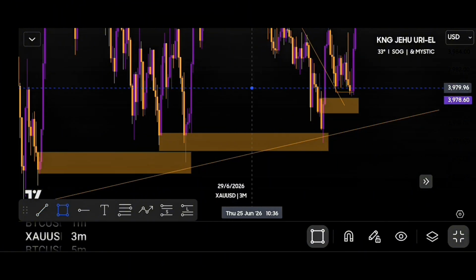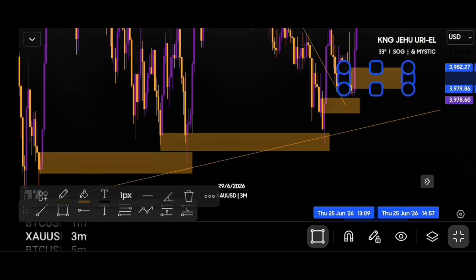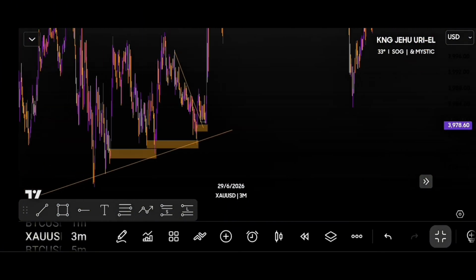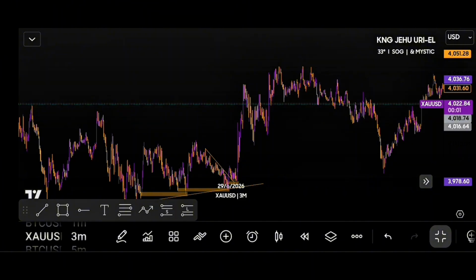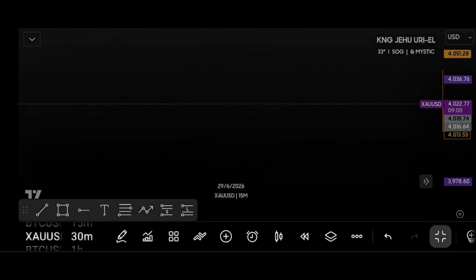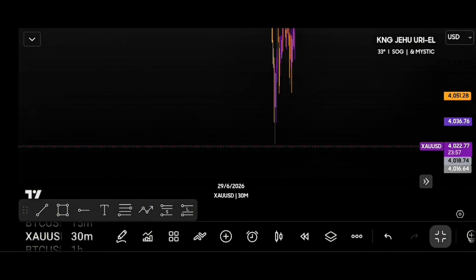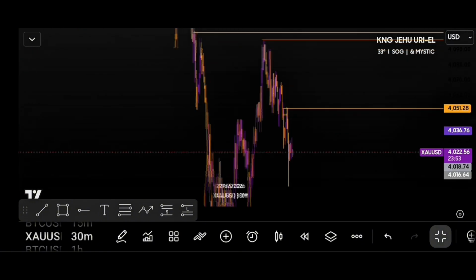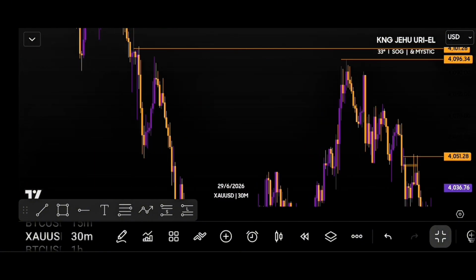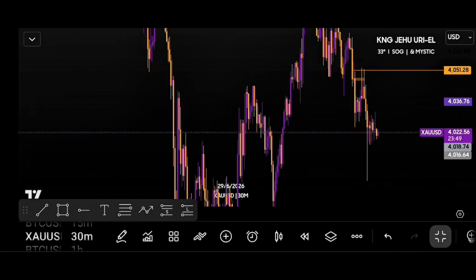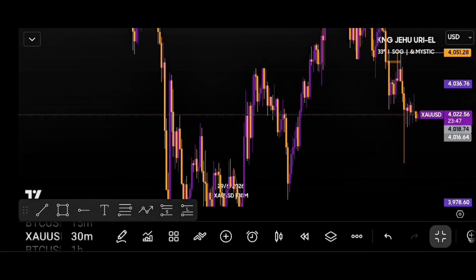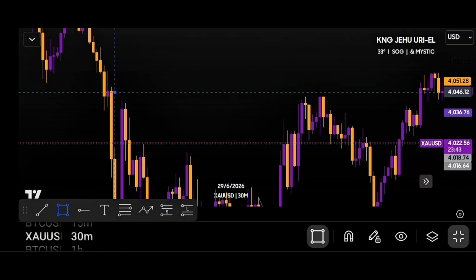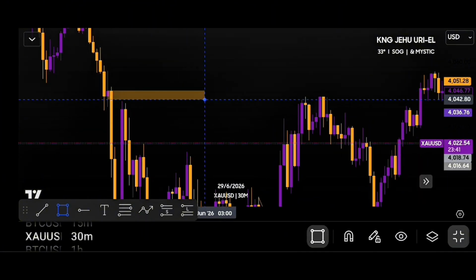So now how do you get the buy that's supposed to come from this extreme point of interest? When price bought up to this point, price actually came down and sold again. But what made price sell? If you go to 30 minutes, you see this fine order block right here.